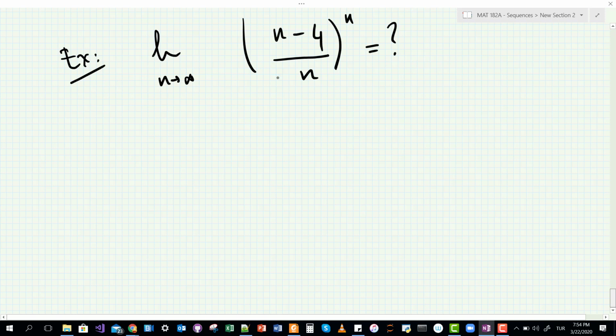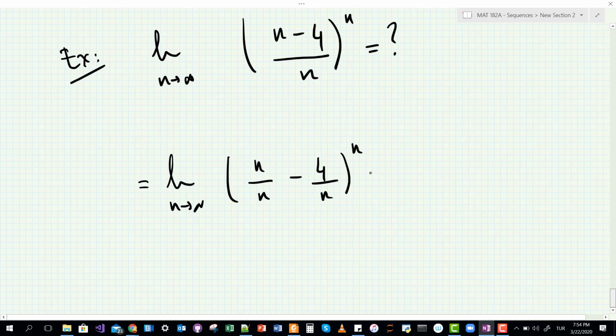But it is not the same structure. You need to have the same form inside to be able to use that rule. But if you look at the sequence itself, you don't have the same thing. But can I do something before I use the rule, since I need to have the right 1 plus x over n to the n structure.